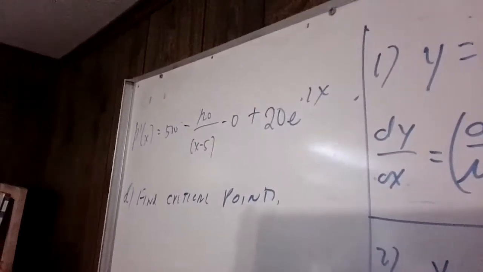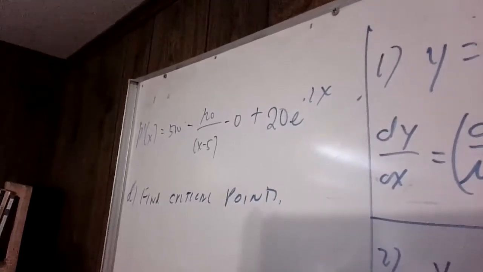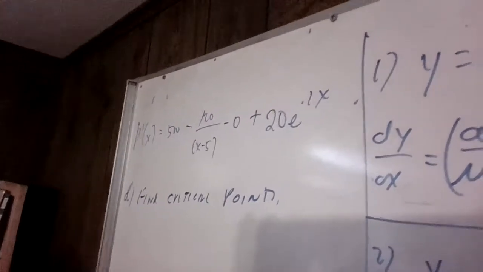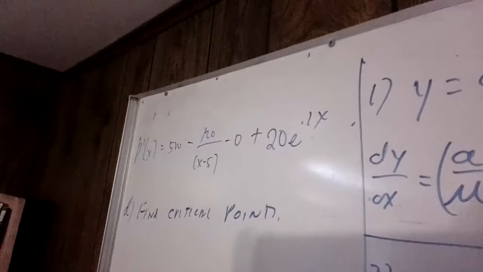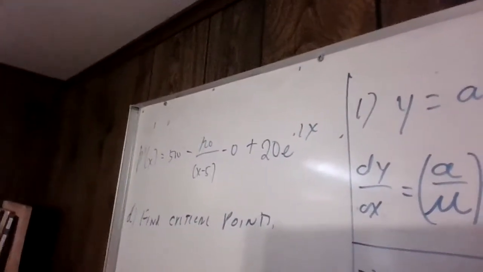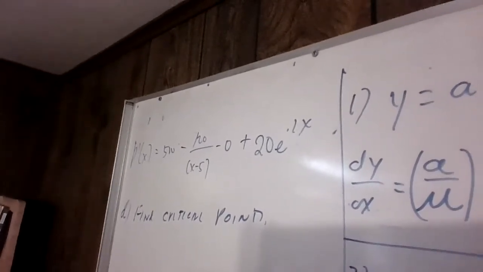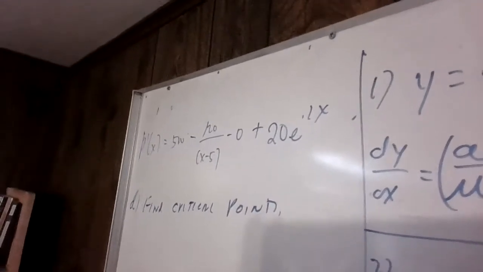Well, actually, this is kind of tough to find critical points. So on my exam, I'm just going to ask you to find the profit function, which we found, find the marginal profit function, which we found.